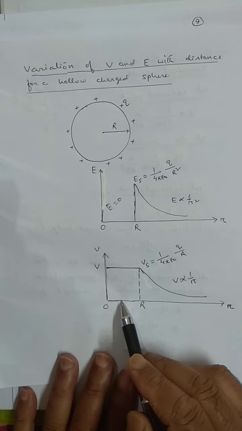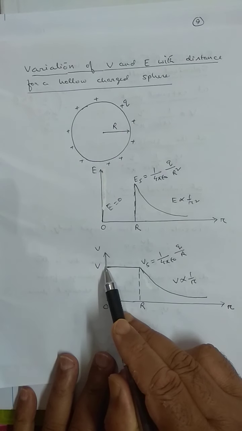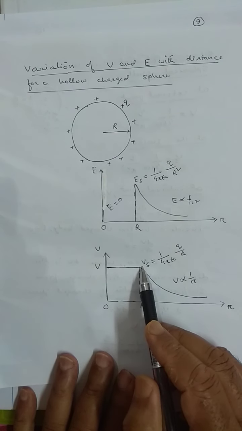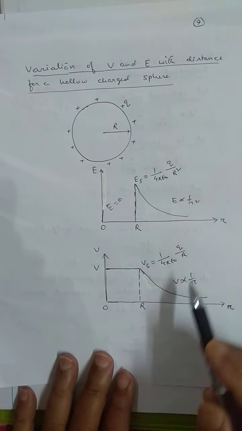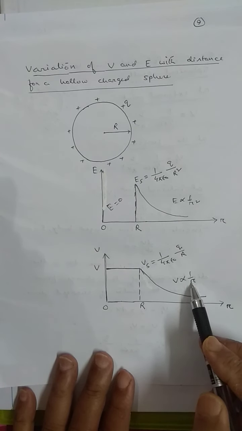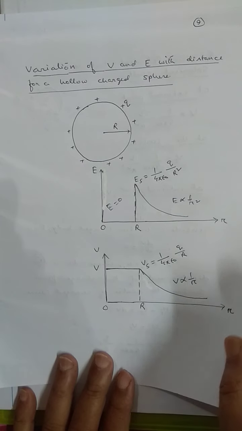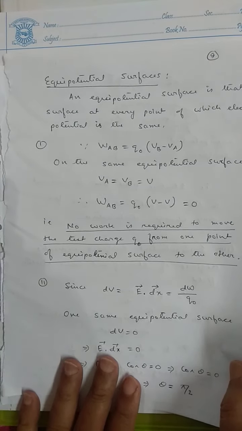But inside the hollow charged body, potential has a constant value, equal to that on the surface. At an external point, intensity varies as 1 by r square and potential varies as 1 by r. So this is very important. Next, we are going to discuss equipotential surface.